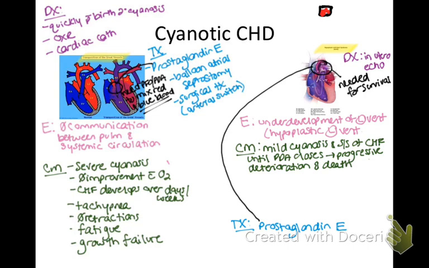So again, we want to give them the prostaglandin because we want to keep that mixing of blood, because the prostaglandin is going to allow the oxygenated blood from the right atrium to be mixed with the left. And then also the PDA will allow mixing.